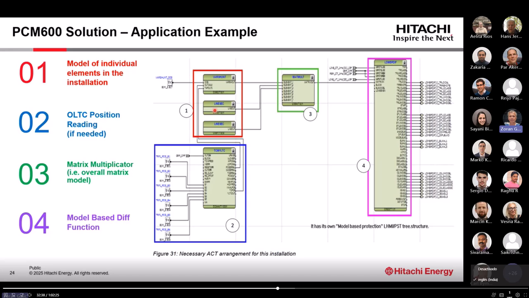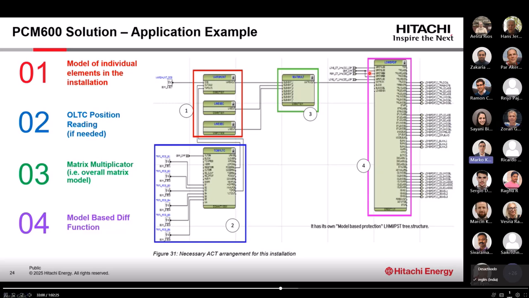For every type of function block, you have several instances. And then we have this matrix multiplicator. If you remember, in this cascading connection, this one is actually providing the overall matrix from up to 7 individual elements. You do matrix multiplication and provide a single matrix to the model-based line differential protection.